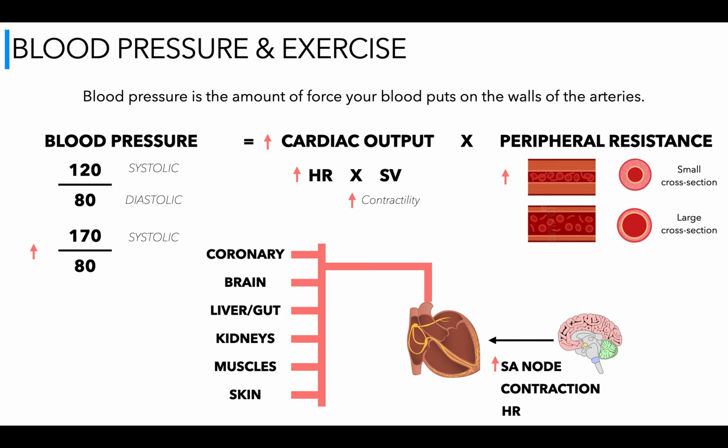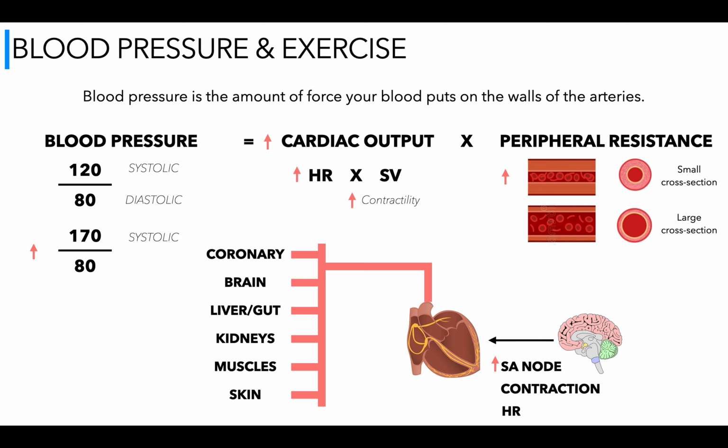I've put an example of a reading there that it can get us up to as high as 170 on our systolic blood pressure. Now, what you also should notice is the diastolic hasn't changed. The point here is that there is little to no change in the diastolic blood pressure.